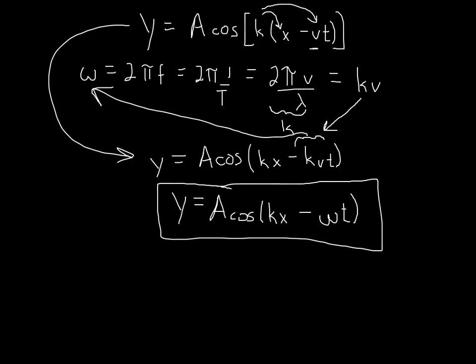This general wave equation, y equals a cosine of kx minus omega t, is very, very useful because you can represent any wave as a combination of cosines. Represent any wave shape that you see.